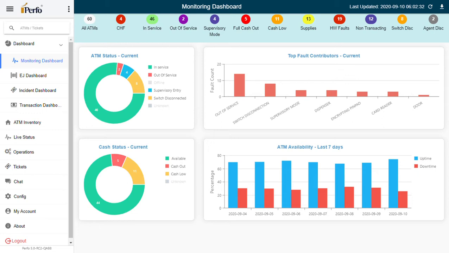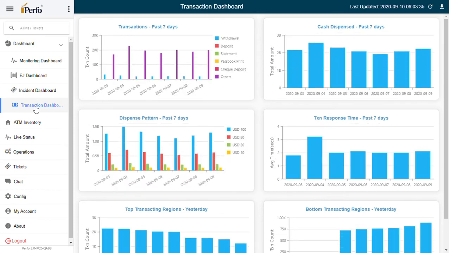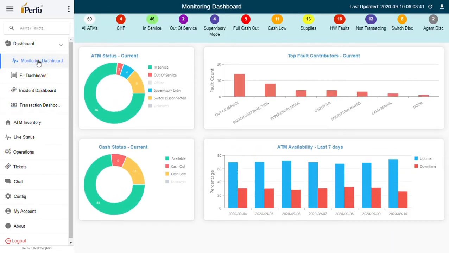In this short video, what we are going to see is how Vertex Perfo ATM management and monitoring system helps you to achieve higher availability of your ATM network, how to monitor your transactions that happen through the ATM network, how to optimize the ATM placements, and overall improvement of your ATM network uptime, and finally how to do SLA management of your service providers and vendors.